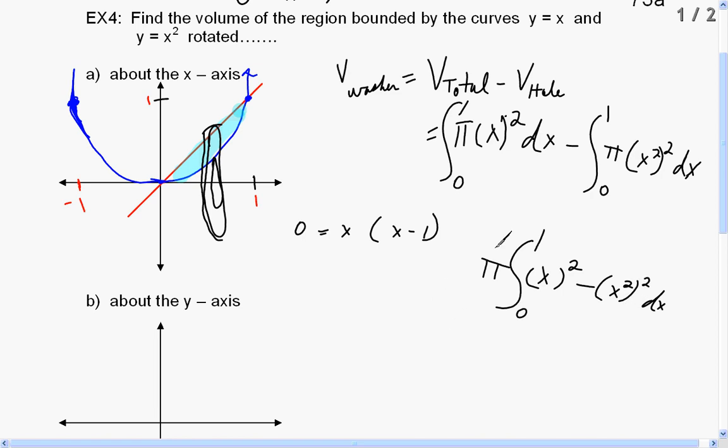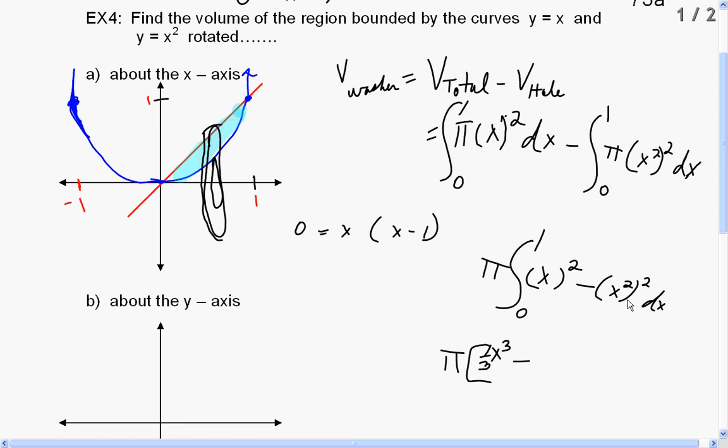So when I integrate this, of course, pi is on the outside. This is x squared, so when I integrate that, add 1 to the exponent and divide by the new exponent: x to the third, and 1/3 is the coefficient.